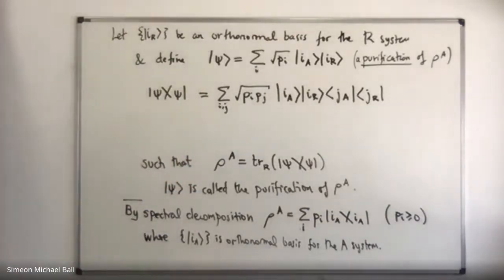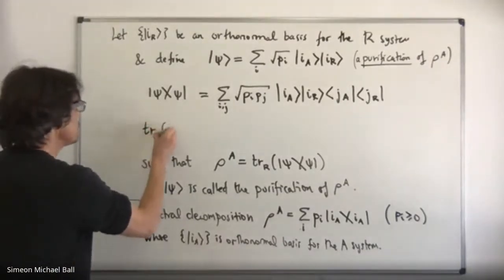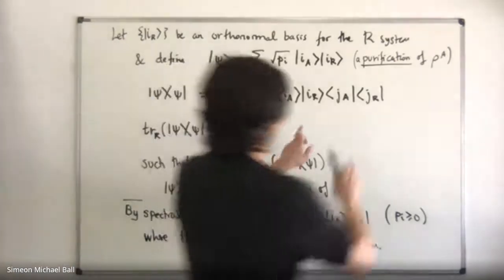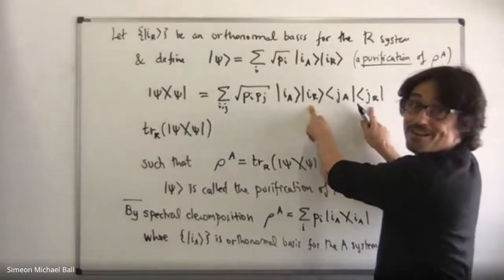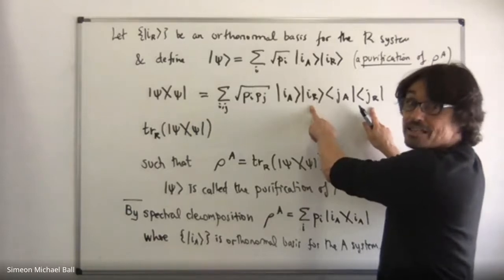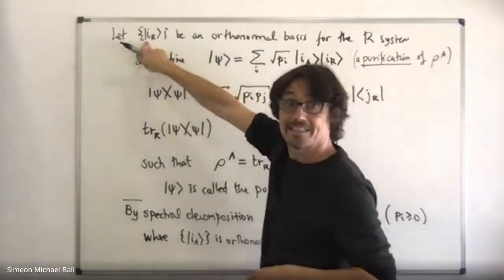Now when we trace over the R system, all of these terms are going to give me 0 unless i is equal to j, because this is an orthonormal basis.